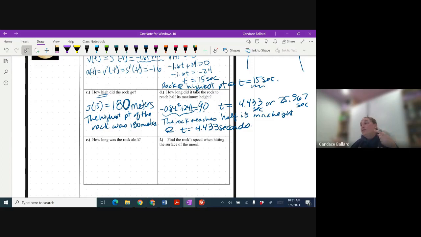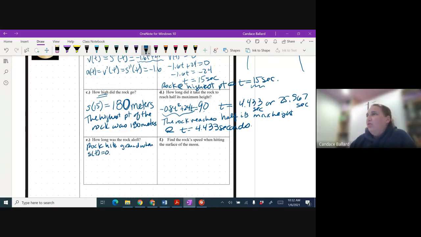The rock's height has to be 0. So if the rock's height has to be 0, that means I need to take the position function and set it equal to 0. So I'm going to take that position function that I had. And it might not be a bad idea to say the rock hits the ground when S of t equals 0.